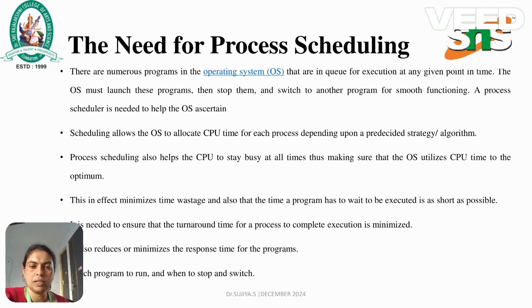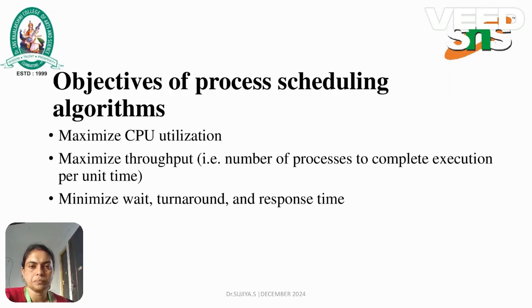It effectively minimizes time wastage and the time a program has to wait to be executed, in the shortest possible time. It needs to ensure that the turnaround time for a process to complete execution is minimized, and it also minimizes the response time for a program, when to stop and when to switch to another program.